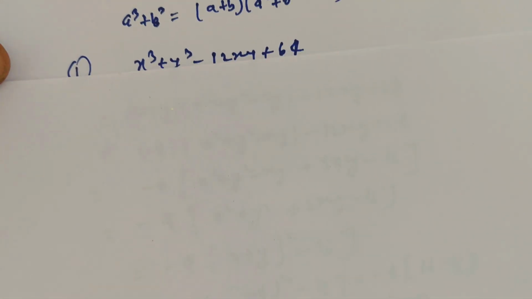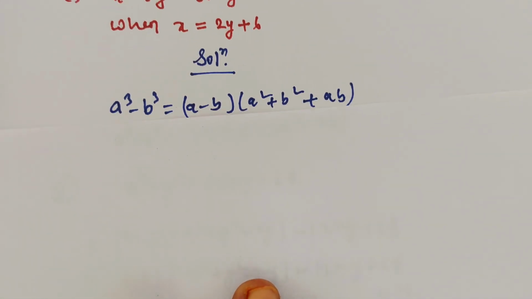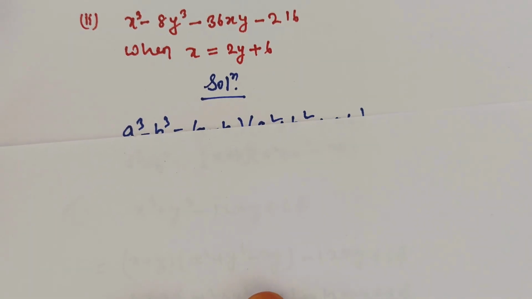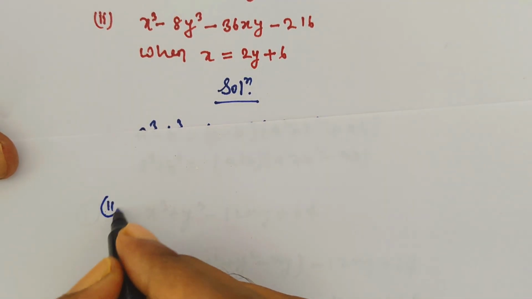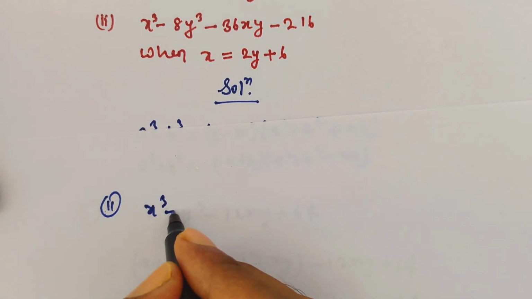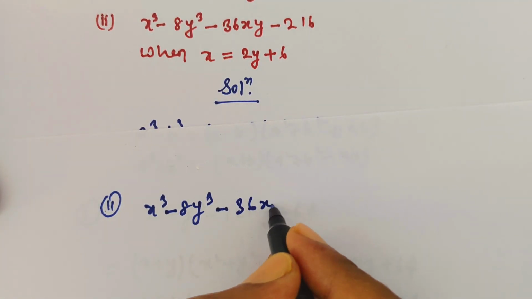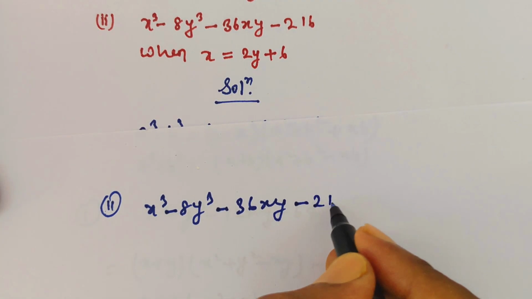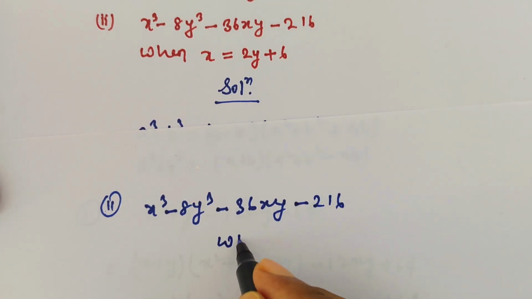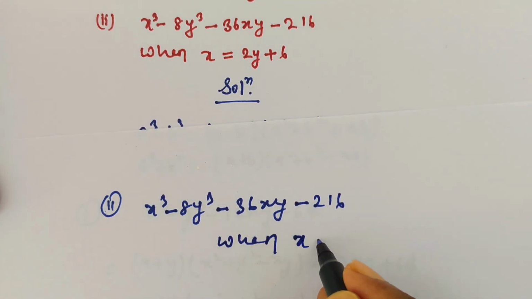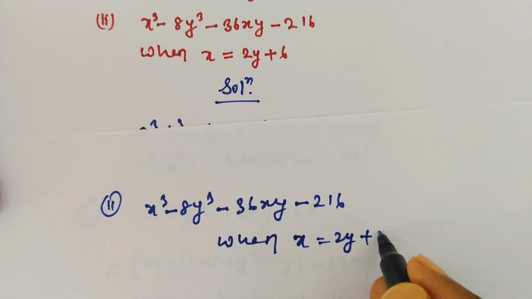So take question number 2. What is question number 2? Question number 2 is x cube minus 8y cube minus 36xy minus 216 when x equals 2y plus 6.